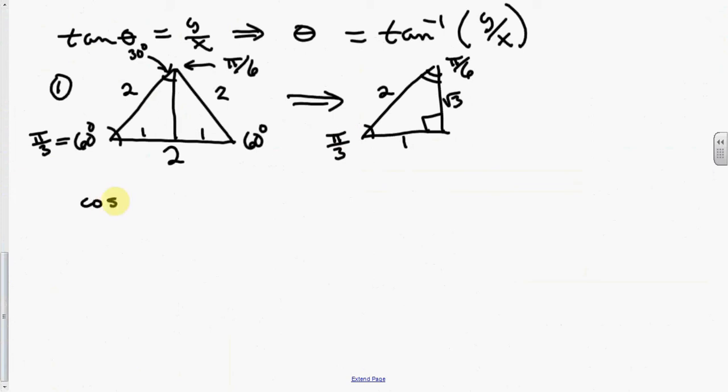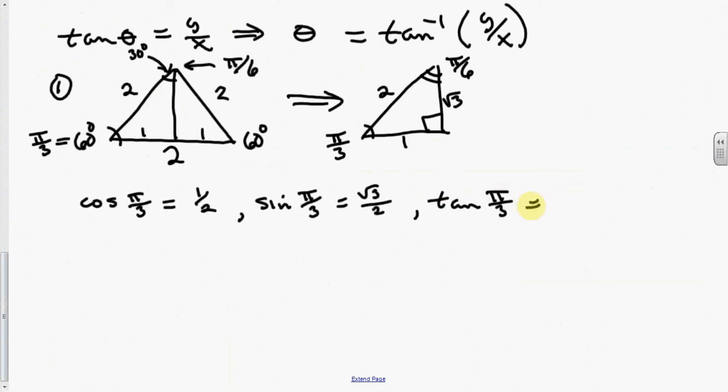So if we look at cosine pi over 3, we get 1/2, sine pi over 3, the square root of 3 over 2, tangent of pi over 3 is the square root of 3 over 1, or just the square root of 3. You can flip them and get the cosecants and the cotangents and secants and that type thing as well.